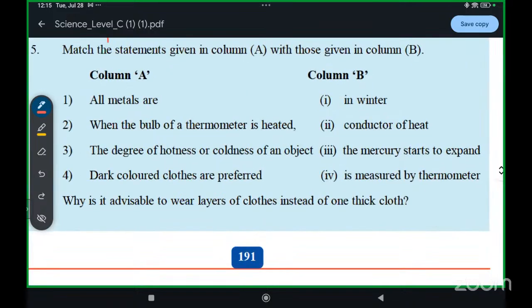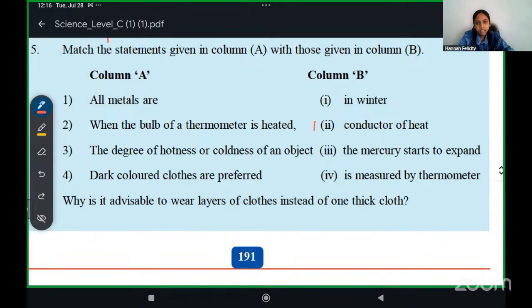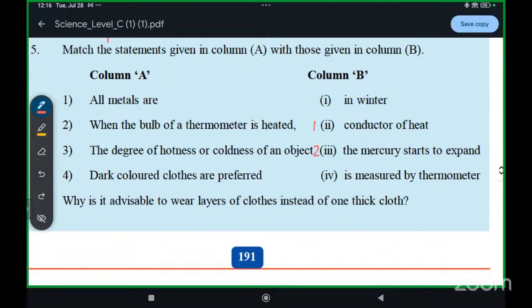All metals are conductors of heat. Yes. When the bulb of a thermometer is heated, the mercury starts to expand. Yes.